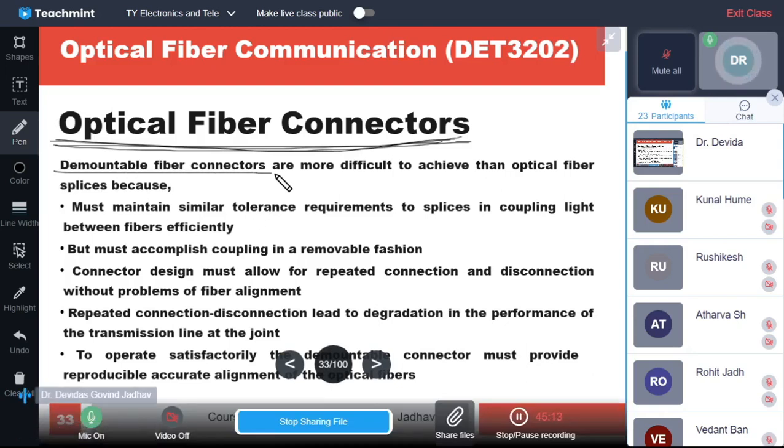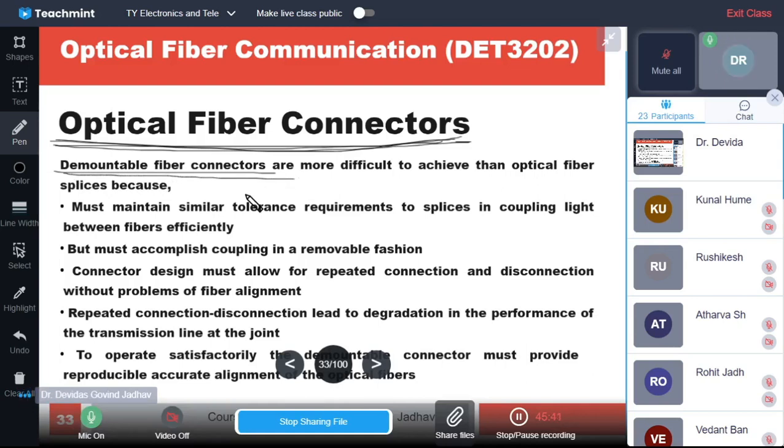Connectors are demountable, and splices are permanent or semi-permanent, whereas connectors can be connected and disconnected, plugged and unplugged. Demountable means you can mount it or demount it.